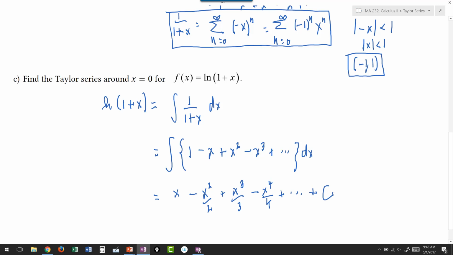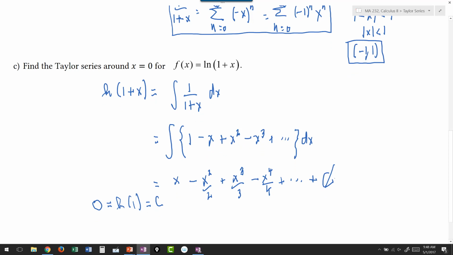The c is going to be 0 though, because if I plug in x equals 0, on the left I would get natural log of 1, and on the right I get c. That's plugging in x equals 0, but the natural log of 1 is 0. So this c turns out just to be 0, so I can forget about that.